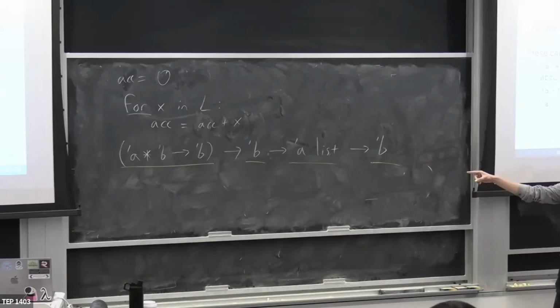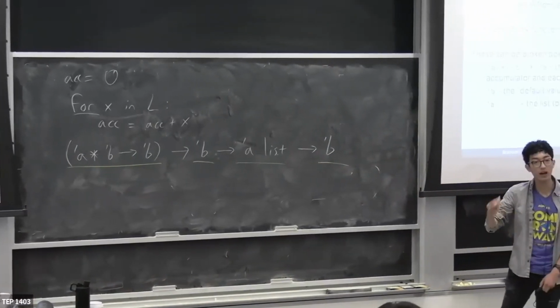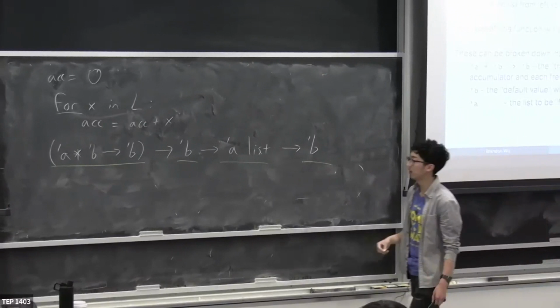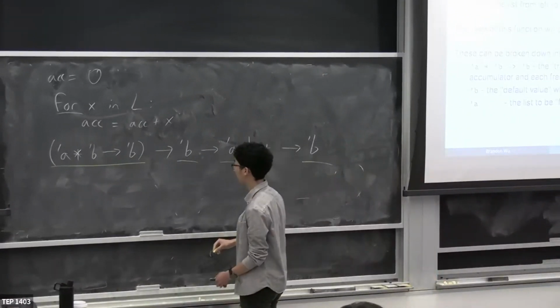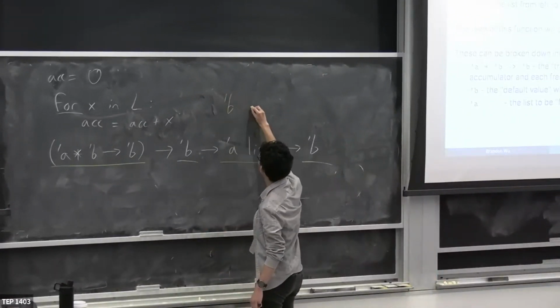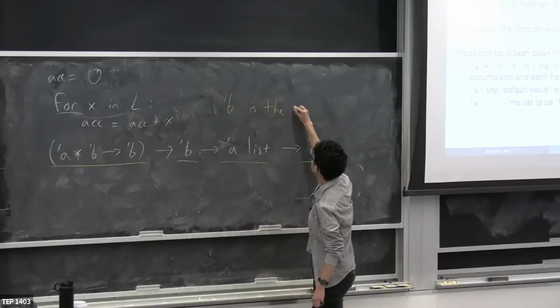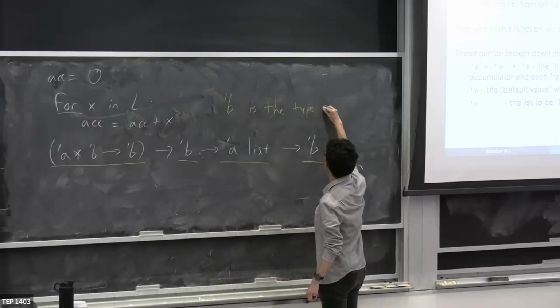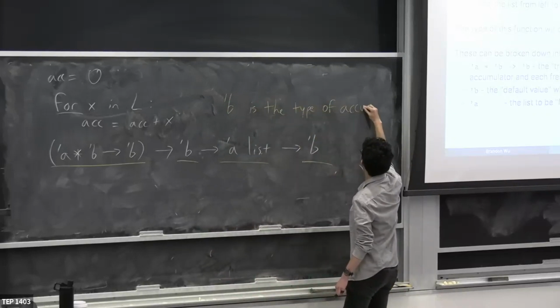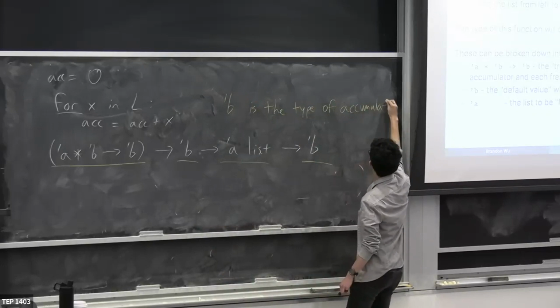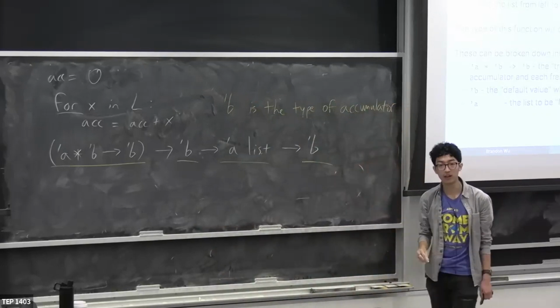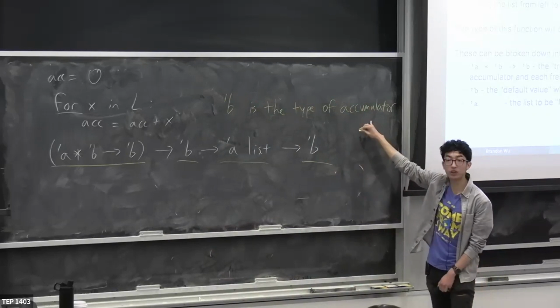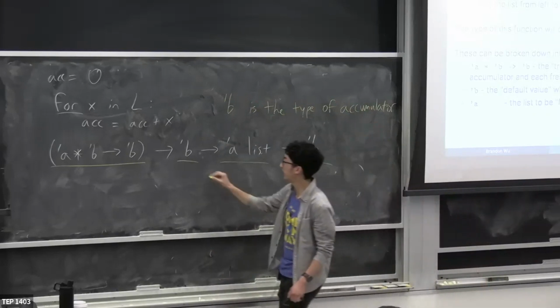The first thing I've got is what I call my transforming function. It's what I do for every element in the list. The way you should think about it is beta is the type of accumulator. I'm essentially automating the process of what we did with t-length and t-rev and whatever. I'm having an accumulator beta. So beta is all of these.